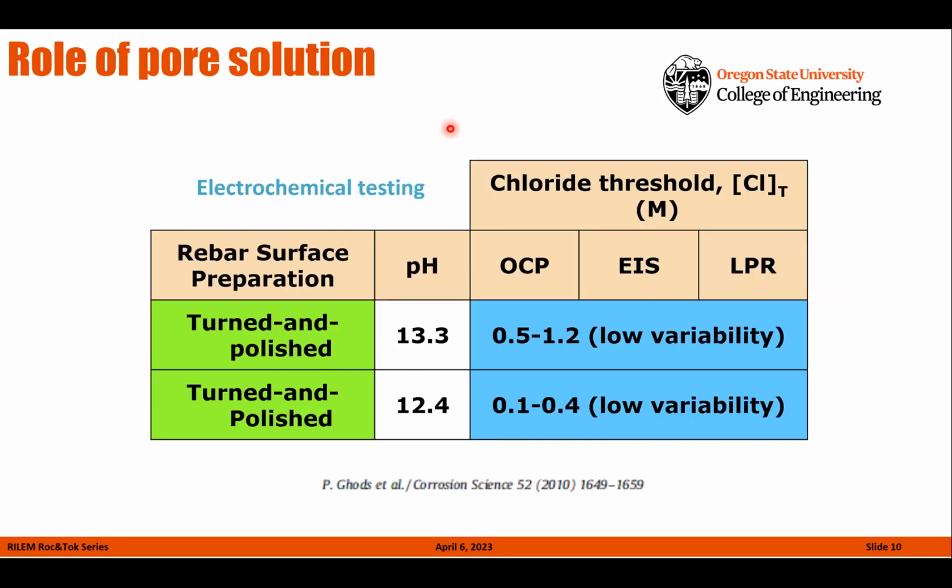And if you look at chloride thresholds, for example, if you passivate a turned and polished mirror surface rebar in a solution with a pH of 13.3, and you passivate another set at a pH of 12.4, making sure that they have very similar surface properties, no mill scale or rust layers, and using electrochemical testing, you would note that the chloride thresholds of the rebars that have been passivated in a high pH environment would be considerably higher than those that have been passivated in a lower pH environment.